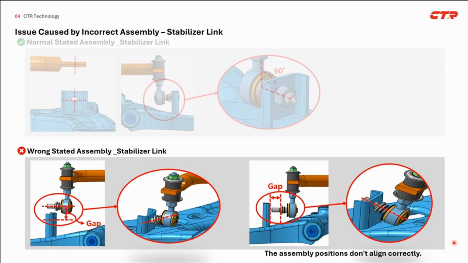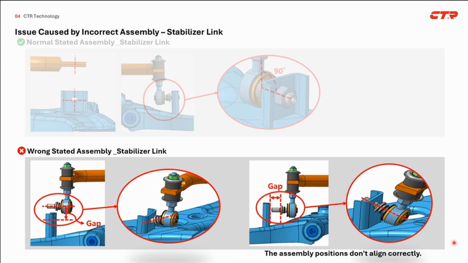As you can see in the picture, the assembly positions don't align correctly. And there is a right side situation where the assembly of the stabilizer bar is incorrectly done either to the left or right. In this case, there is a gap between the control arm and stabilizer link, and you force them together. Both cases could also be caused by bolts that came out. This occurs when the product operates outside the normal range.